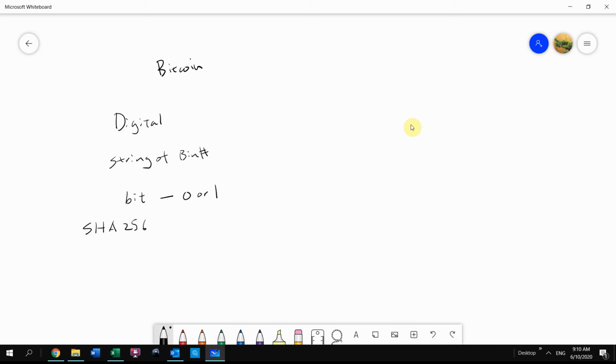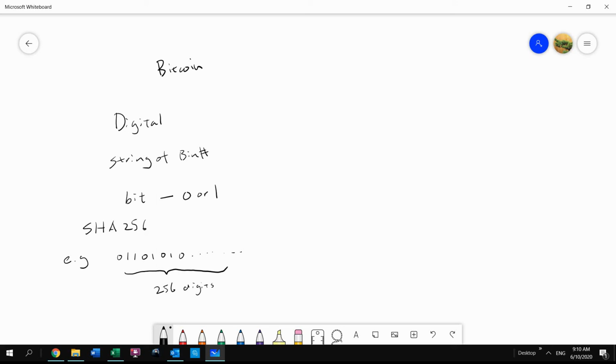That's the expression of the information. So that's 256 digits of a bit. One example would be 0101, and so on, 256 digits.